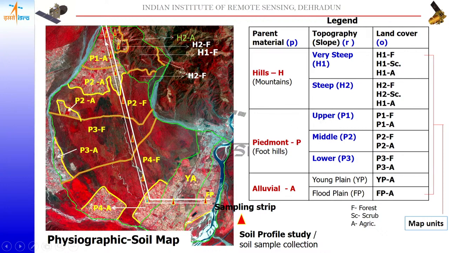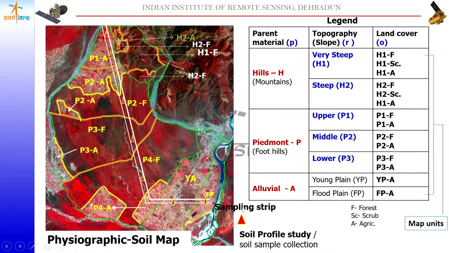So you are getting the various soil map units, and suppose you are getting H1F in 3 places. In any one polygon you can study the soil, and wherever the H1F is there, that will have similar soils. That is the principle for that soil mapping.